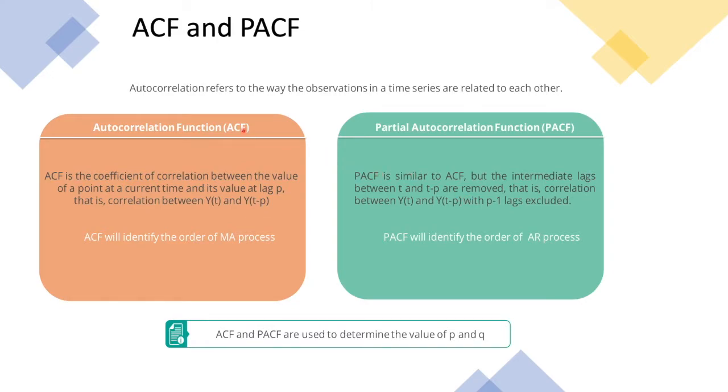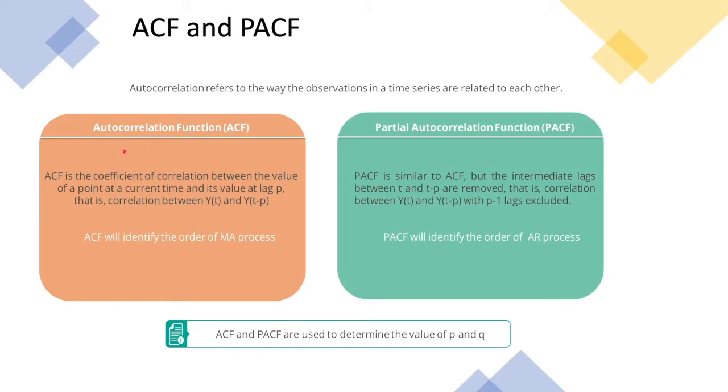So now let's look at the autocorrelation, ACF and PACF. ACF is the autocorrelation function, and PACF is the partial autocorrelation function. As I mentioned before, in order to build an ARIMA or ARMA model, we need to figure out two most important parameters, which are P and Q, from the autoregression part and the moving average part, respectively.